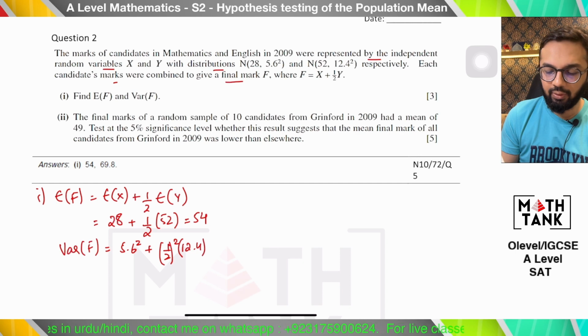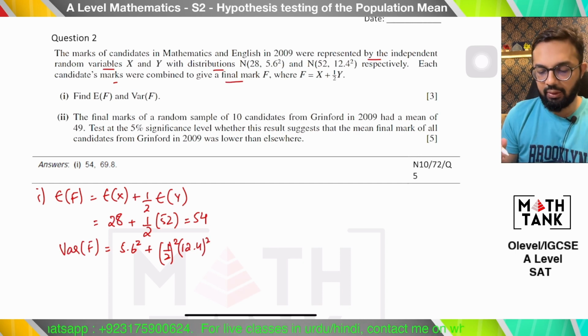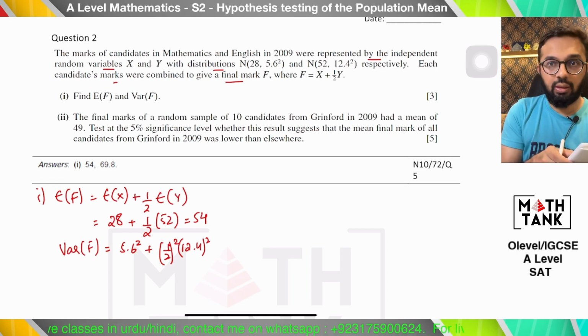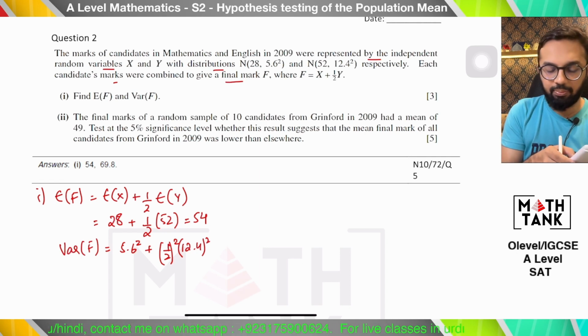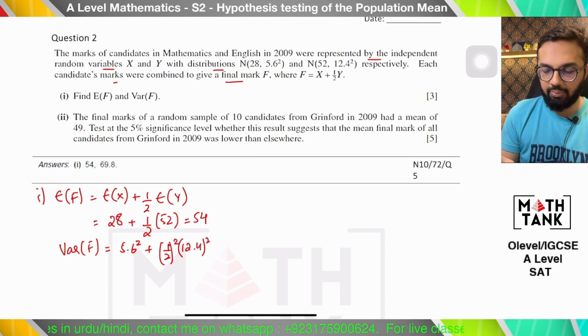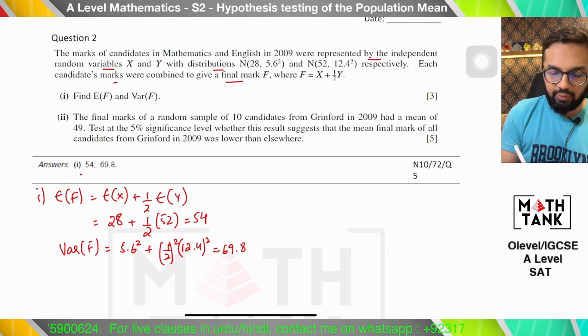Those are the rules for linear combination of variables. So I have 5.6 squared plus 12.4 squared over 4, 69.8. Okay, so those are the two answers.